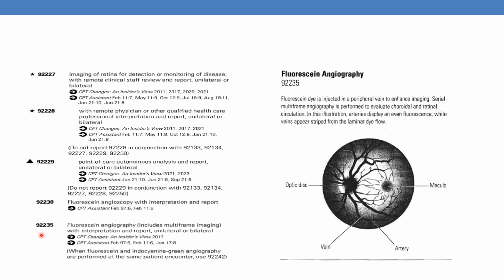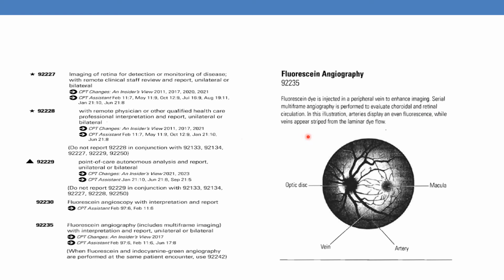The next is 92235. It includes fluorescein angiography, including multi-frame imaging, with interpretation and report, unilateral or bilateral. Here you can see the example for 92235. Here a fluorescent dye is injected in a peripheral vein to enhance the imaging. Serial multi-frame angiography is performed to evaluate the choroidal and retinal circulation.